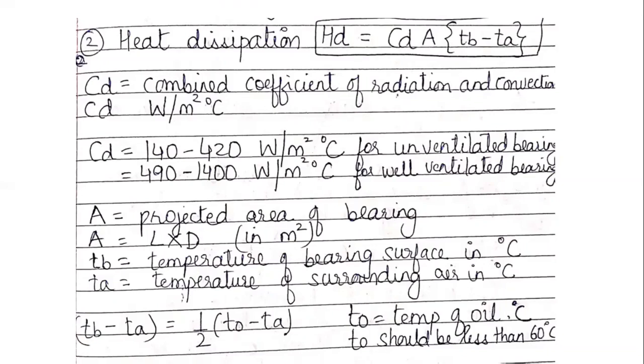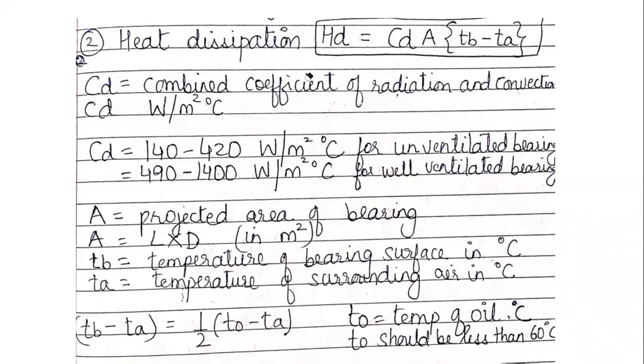So CD value for unventilated bearing, you have to take between 140 to 420 Watt per meter square per degree C, and for well ventilated bearing you have to take between 490 to 1400 Watt per meter square per degree C. This is not the sign of minus, this is written 'to', from this value to that value.